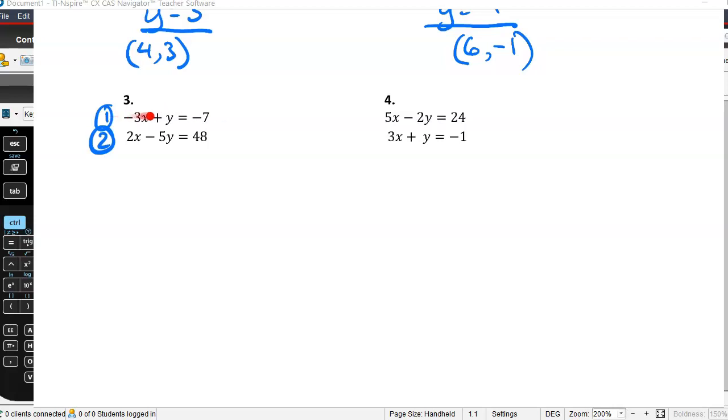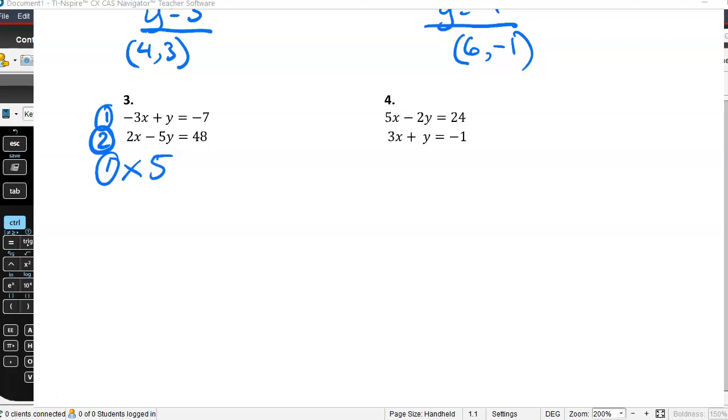I could do that, or I could just look at that and go, well, okay, if I just times equation 1 by 5, what do I get?